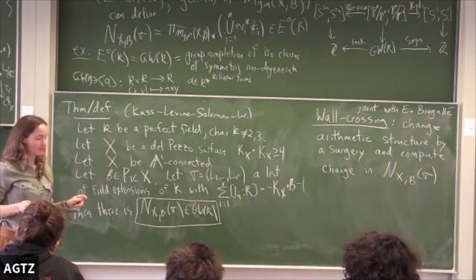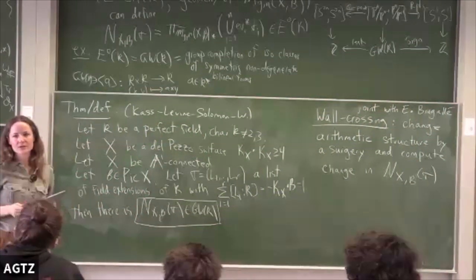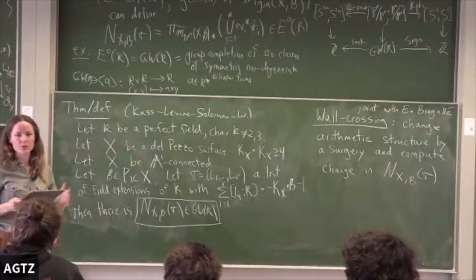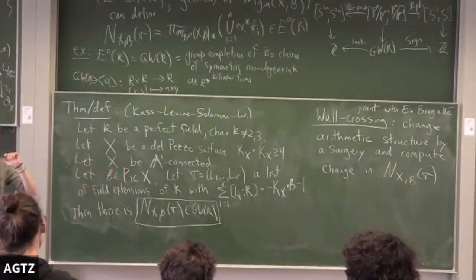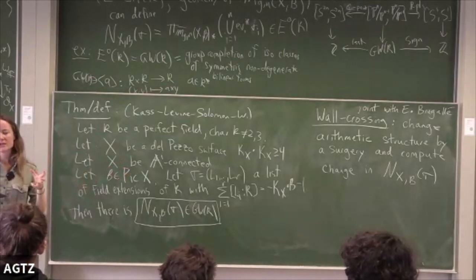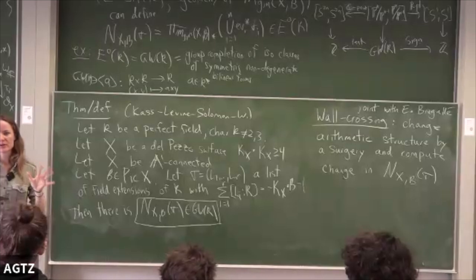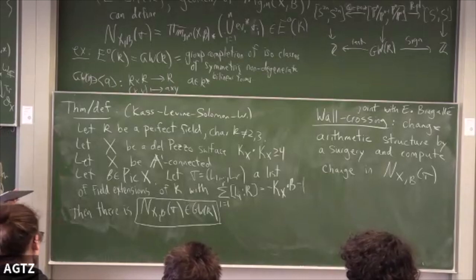But surgery here is going to mean blowing up a node on a one-dimensional family of Del Pezzos, where we're going to have a family of Del Pezzos that acquires a -2 curve. If you blow down the -2 curve, you get some sort of node, and we're going to start blowing up the node in different ways, and that'll really produce surgeries of the real points.